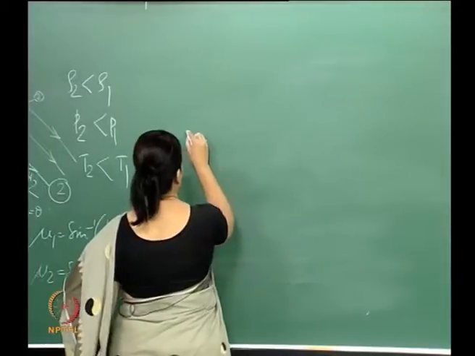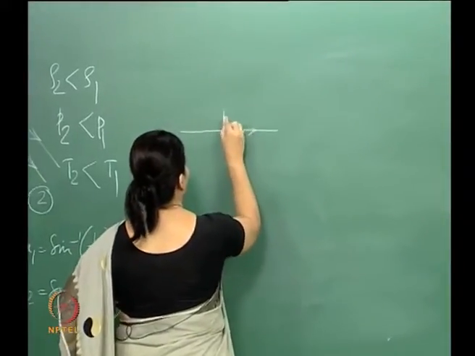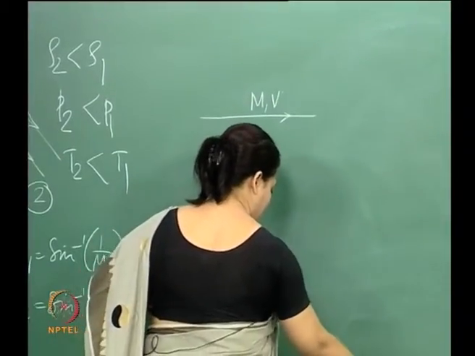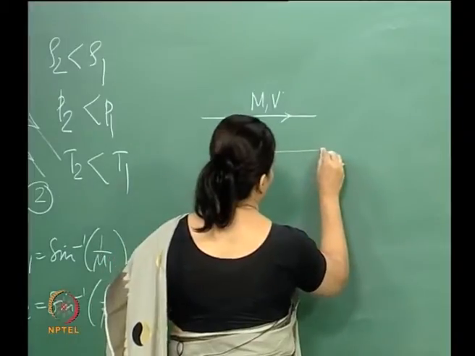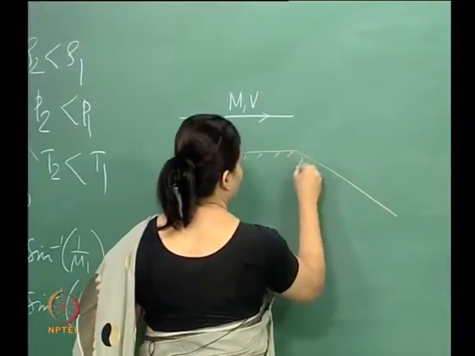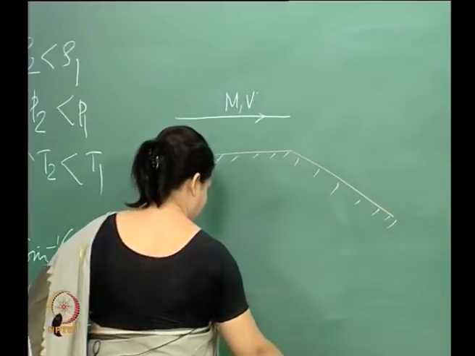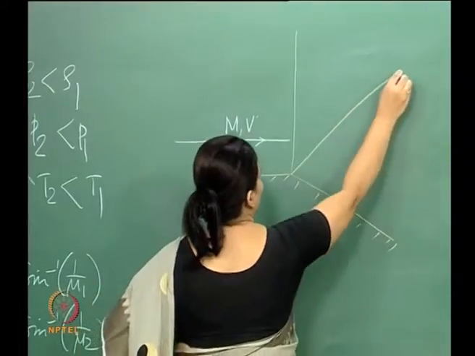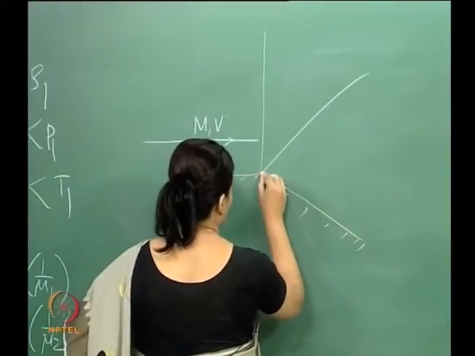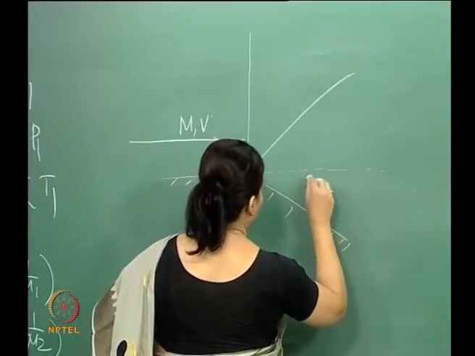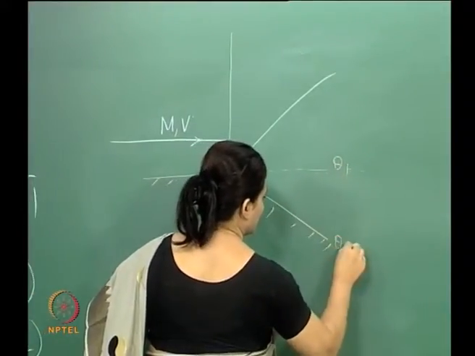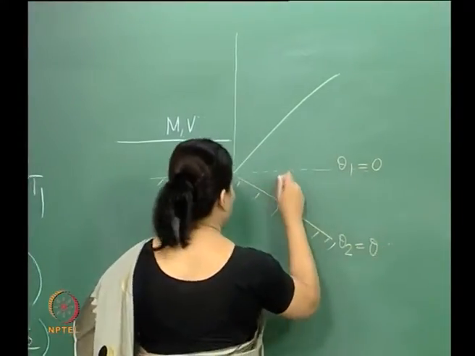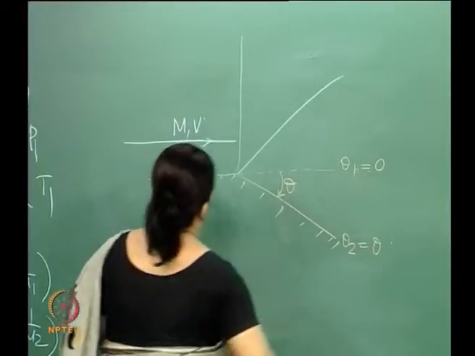So, what we have is this Mach number, and we have this sort of an expansion fan, so it goes through that. This one is theta 1, this one is theta 2. So, theta 1 is equal to 0, and this angle is equal to theta, right.